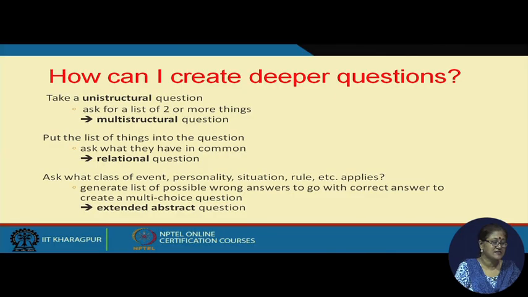And if you generate a list of possible wrong answers along with the correct answer, you create multiple-choice questions, and ask what is your idea about this, critically analyze these types of questions, it will go to the extended abstract level. So, on any topic, you can develop questions from unistructural to multistructural, multistructural to relational, and relational to extended abstract.